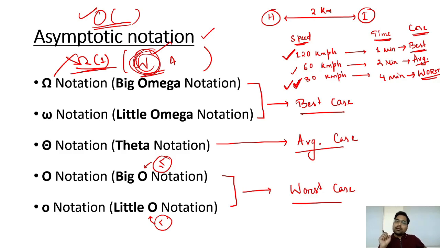It will only accept linear time complexity, suppose n. It will not accept n plus c. If you have n plus 1, then there is a condition with the n, so it will not accept.